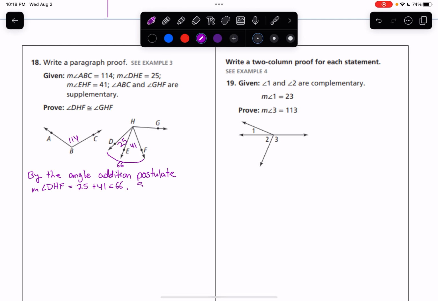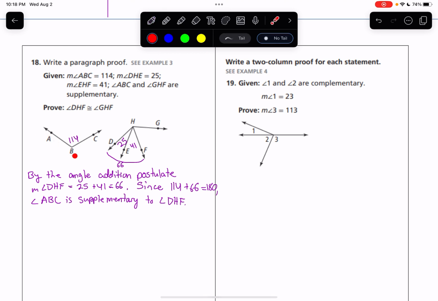And since 114 plus 66 equals 180, I know that angle ABC is supplementary to angle DHF, the one I've been looking at. Now I have angle ABC on the left being supplementary to both angles. Angle DHF I just showed, and angle GHF is supplementary in the given information.